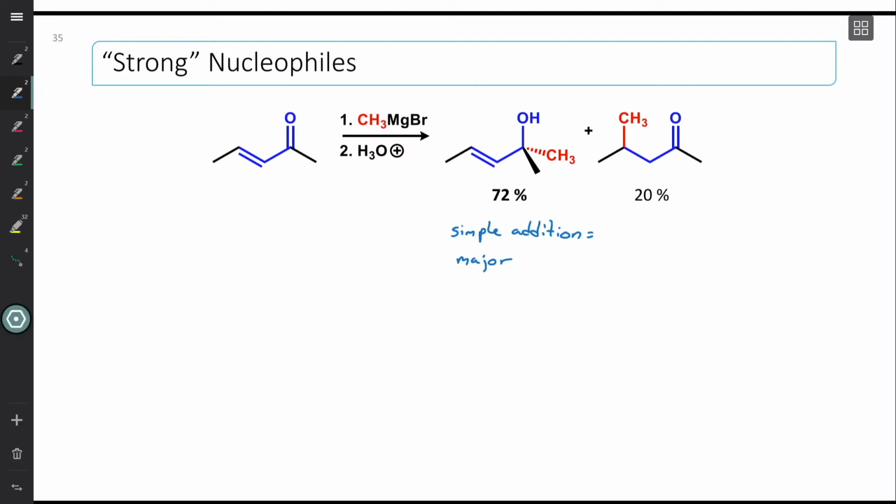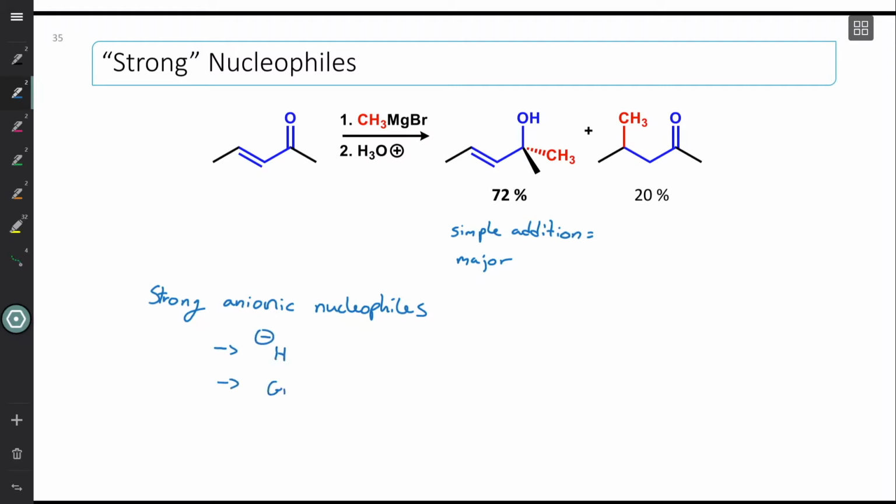Strong nucleophiles here are anionic. So that's hydrides, right?